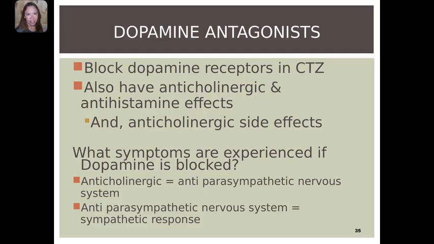Anticholinergic is going to be against the parasympathetic nervous system. So anti-parasympathetic nervous system is really going to equal a sympathetic response. So remember that if we are using a dopamine antagonist, all those different sympathetic responses that the patient could now have as a side effect.